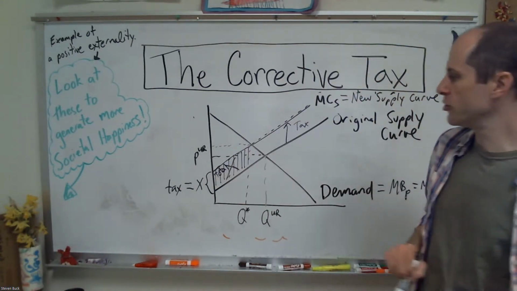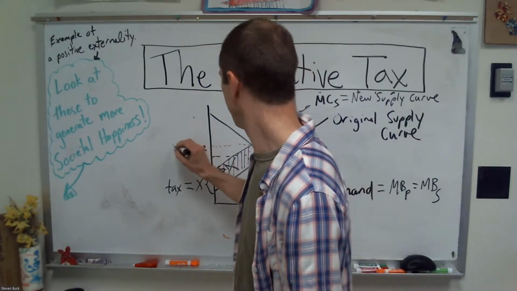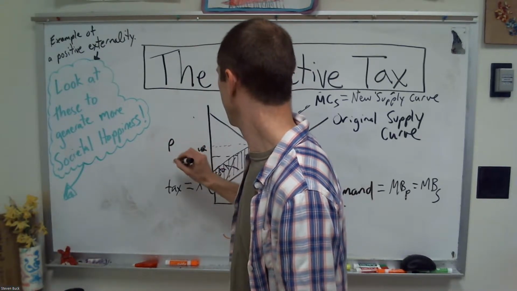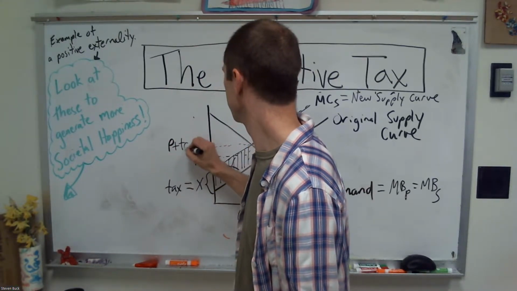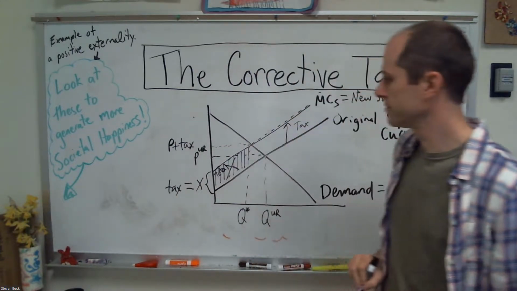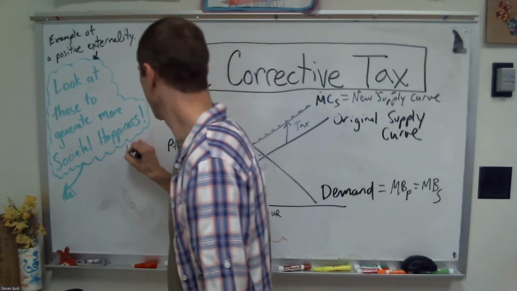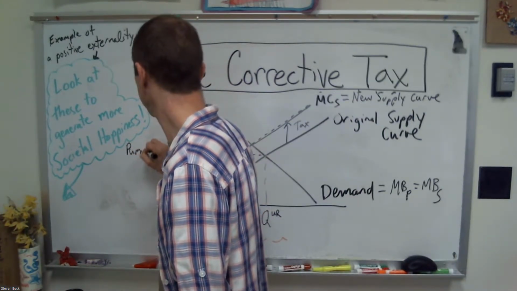The price paid by consumers is going to be P plus the tax. This is our pump price.